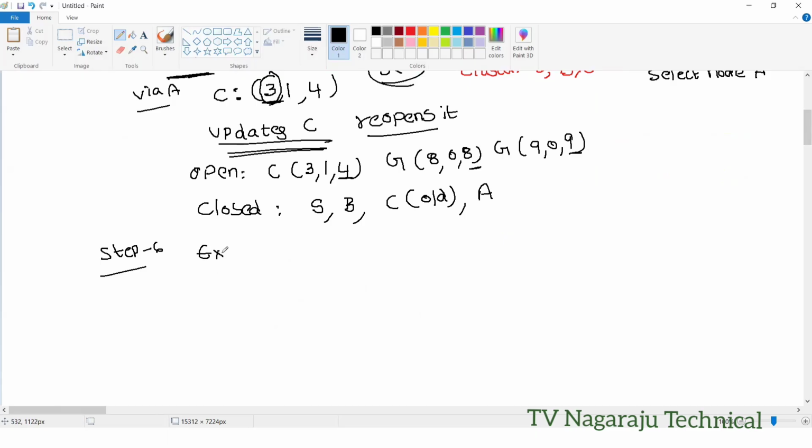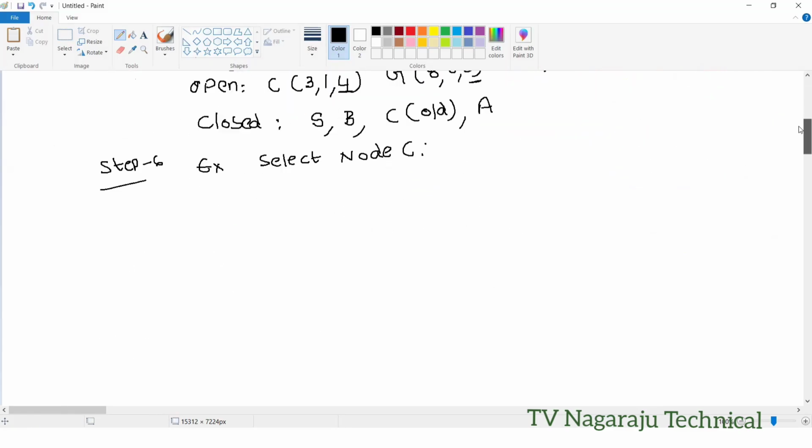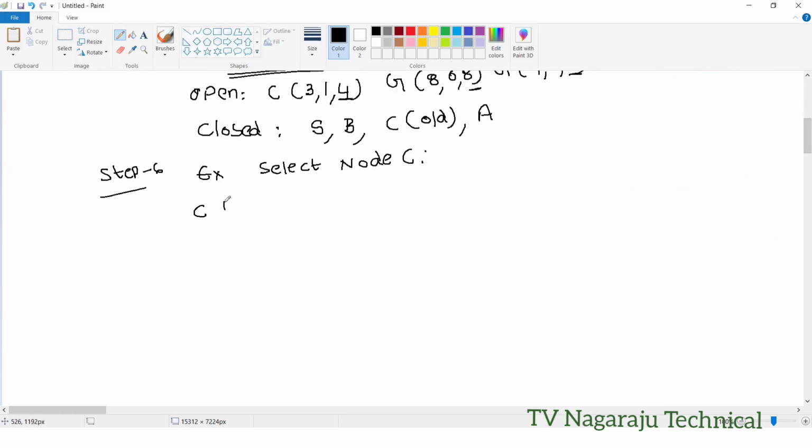Obviously we select node C. Now you are calculating C to G, that is G via C. What are the values? Up to here, the value is 3. 3 plus 3, 6. G heuristic value is 0. And 6 plus 0, 6.